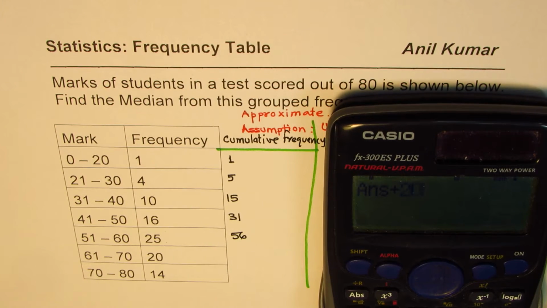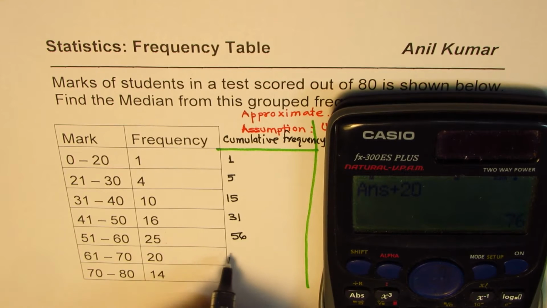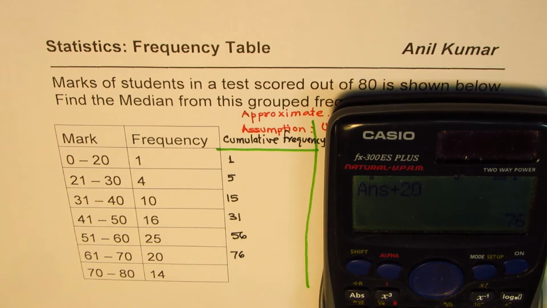Then we add 20, that is 76. And now we add the last number, 14, and that gives us a total of 90.